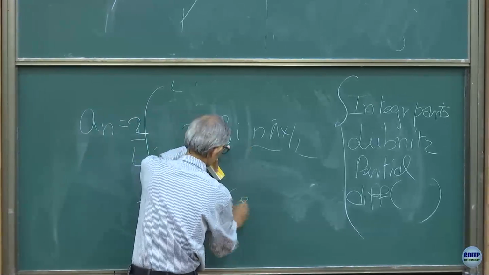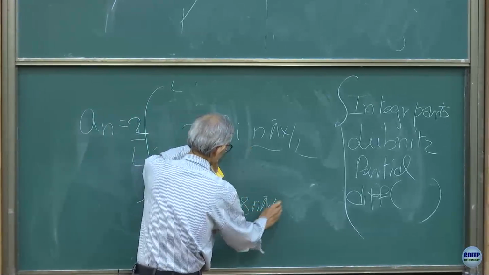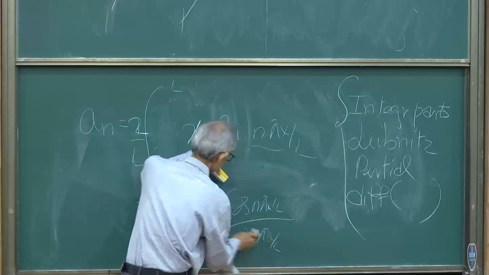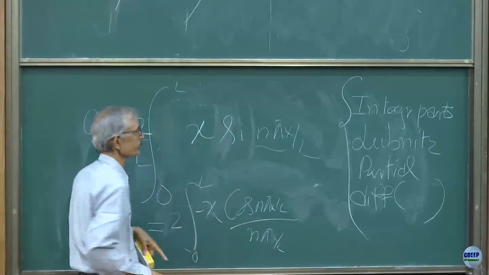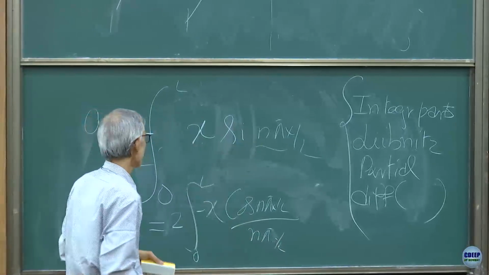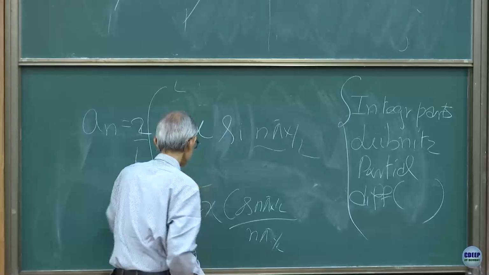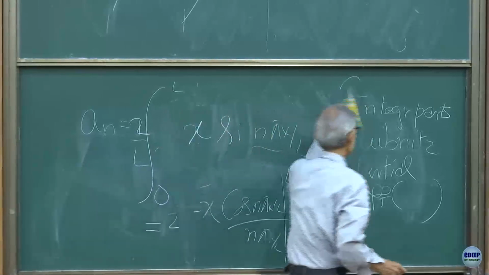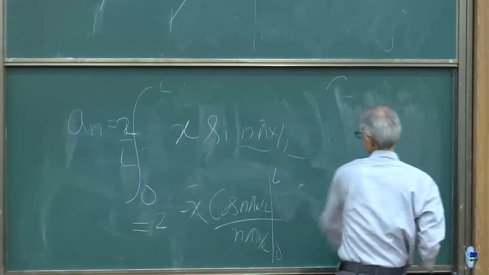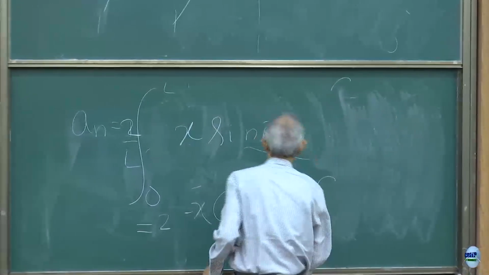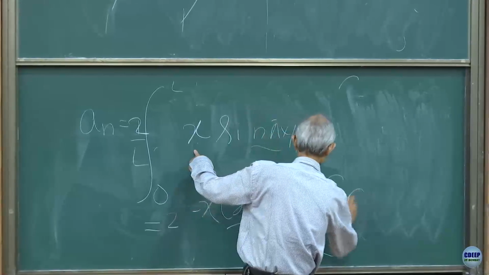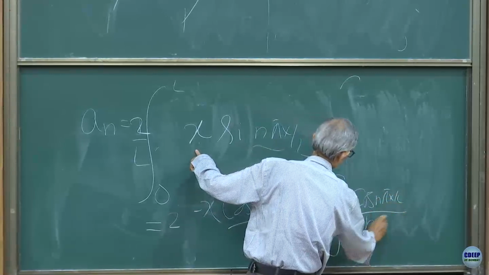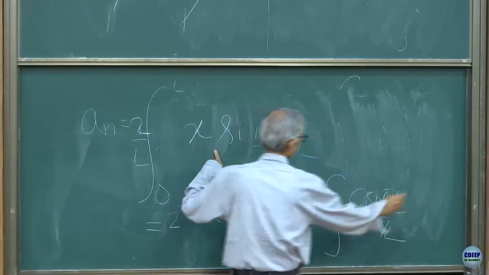Sine integrates to a cos n pi x by L upon n pi by L, and sine integrates to a minus cos, so there is a minus sign there, from 0 to L, minus the integral of the second, which is cos n pi x by L upon n pi by L, times the differential of the first.